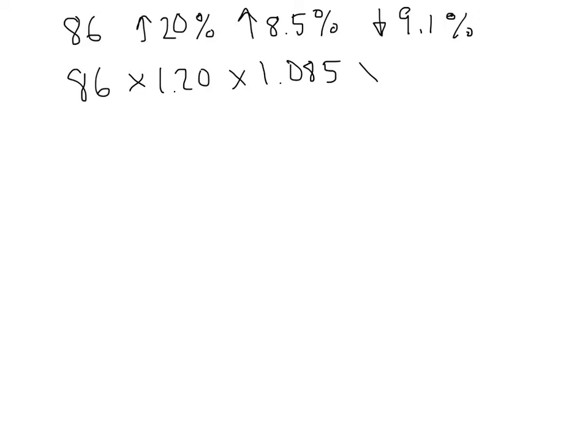And then we're going to go down 9.1%. So if you go down 9.1% from 100%, you have 90.9%, but you have to write it as a decimal again, so it's 0.909. If you multiply all this out, you're going to get an answer, but let's see what this multiplier is in this case.